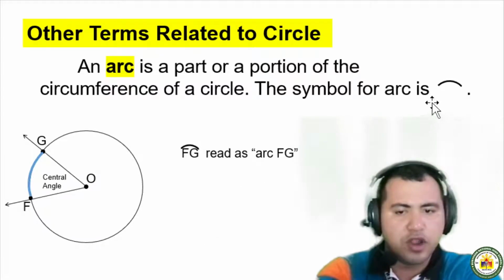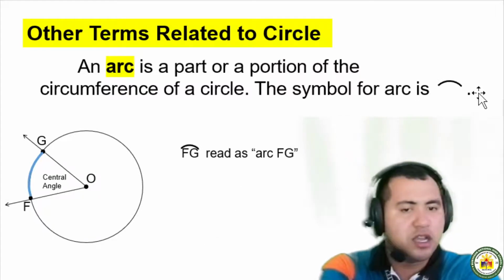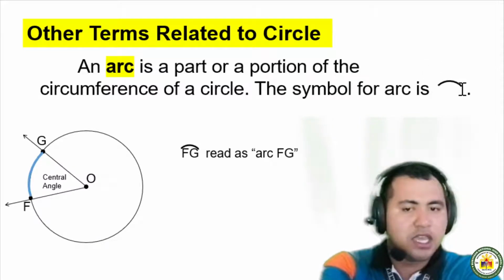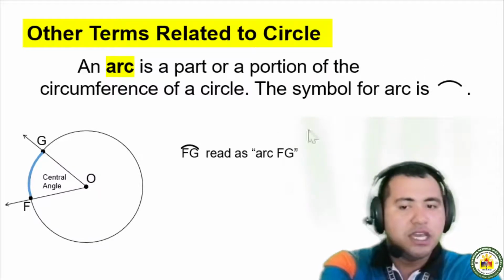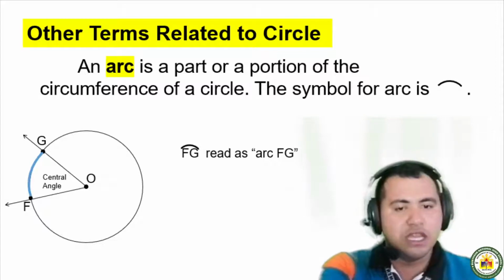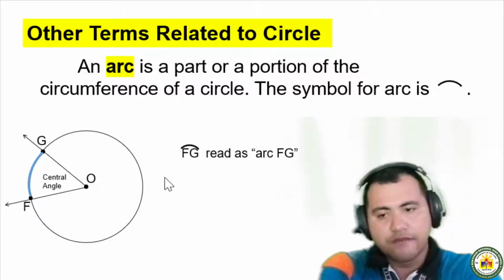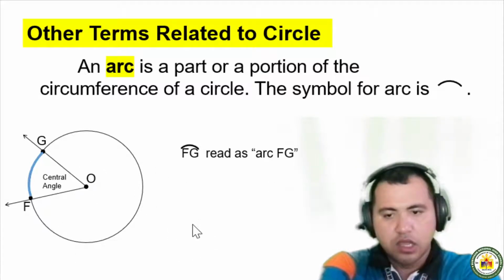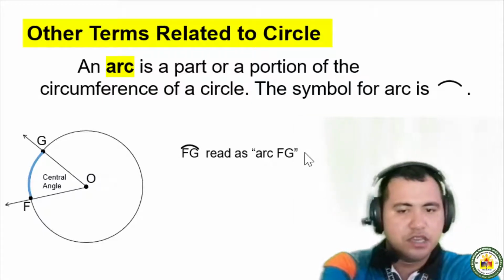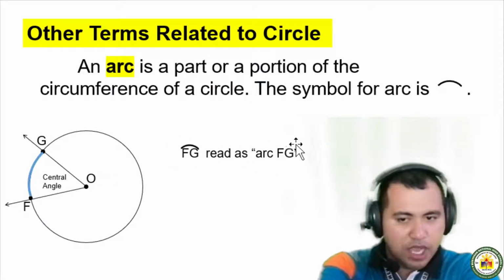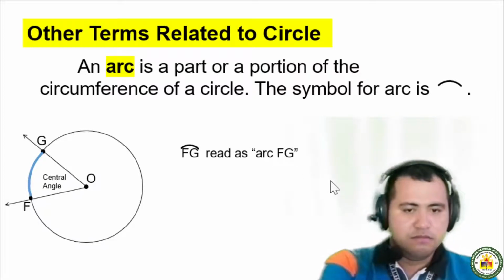The symbol for arc is kanang arko diha sa taas. Kining symbol, it is written on top of the letters. Like for example in the figure, arc FG, read as arc FG.